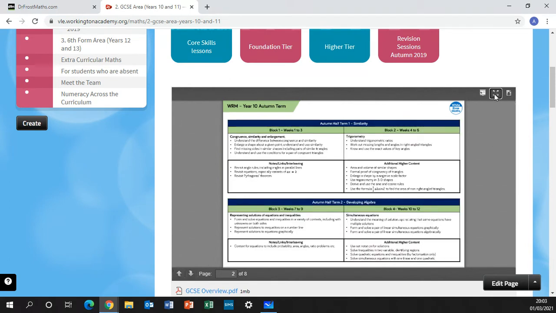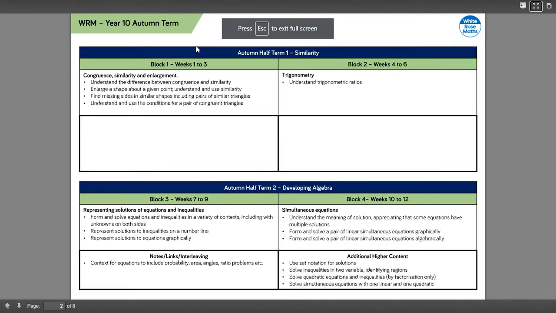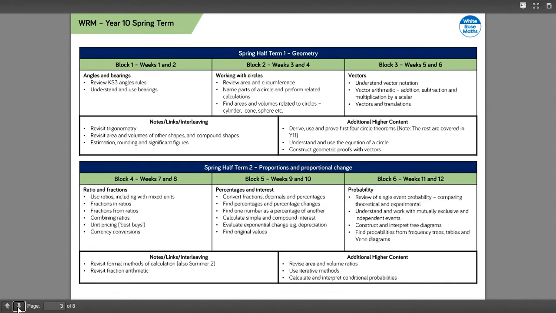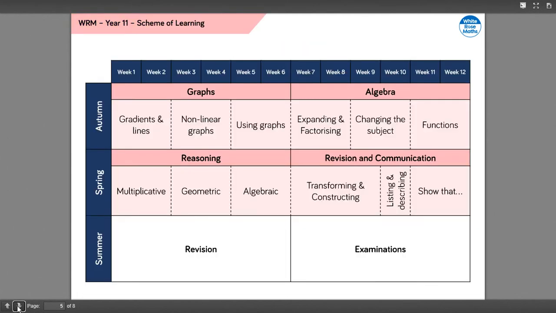If I expand, you can see that this is a breakdown of all the autumn term, and it also includes a little bit more detail for additional higher content. It goes all the way through to year 11 as well.